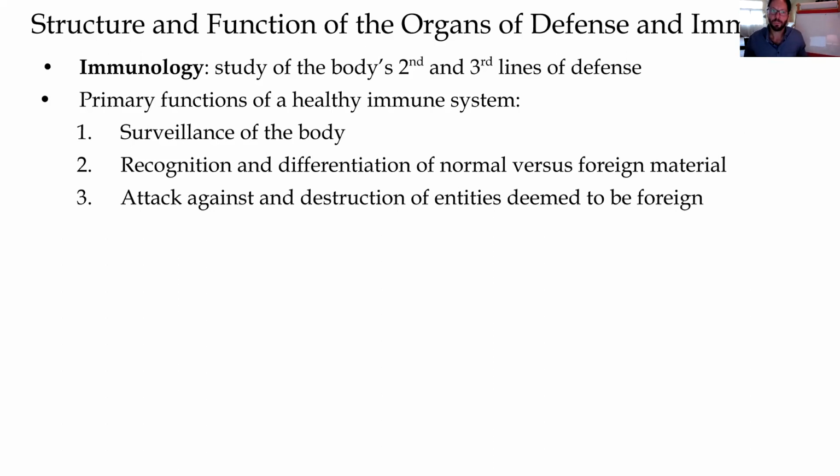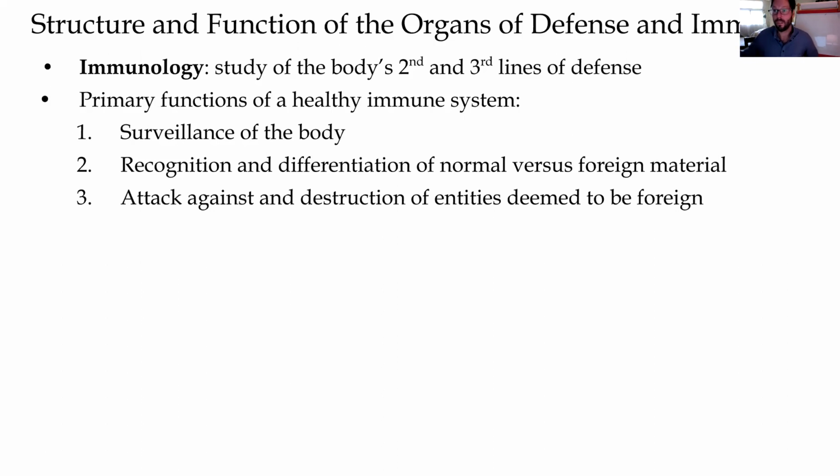Okay. So it's going to be these cells and these chemicals that surveil the body and look for different things that are considered foreign and then attack it. And then with the third line of defense, create a memory for those microbes. And the whole point of that is so that they can attack the microbe more quickly next time, right?